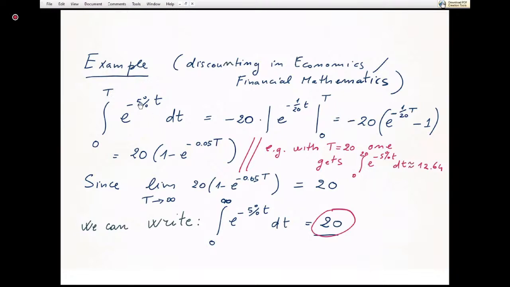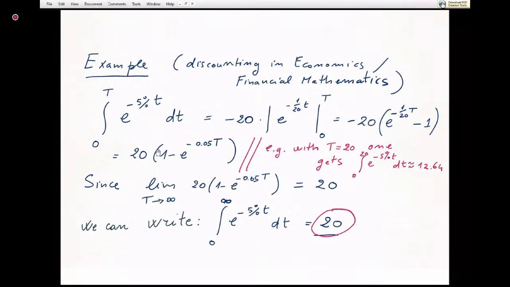A primitive of this one, since this is 1/20, is minus 20 times exponential of minus 1/20 t, which must be evaluated between 0 and T, and becomes minus 20 times, replace capital T here, and then subtract 0 replaced here. Exponential of 0 is 1, so you get this, but of course remember that this is smaller than 1, so we can just put 20 here and put a positive quantity into the brackets. So this is the result, okay?